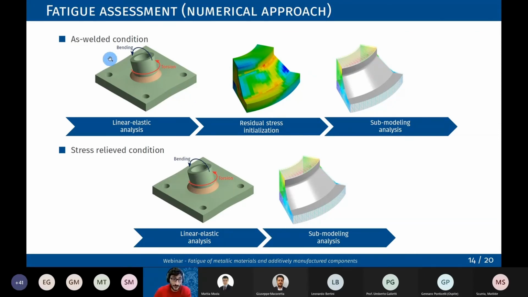For the as-welded condition, we start a sub-modeling analysis on the most stressed volume of the specimen, initializing the sub-model with the residual stresses calculated before. For the stress relieved condition, we skip this part and perform the sub-modeling, applying the displacements at the boundaries.